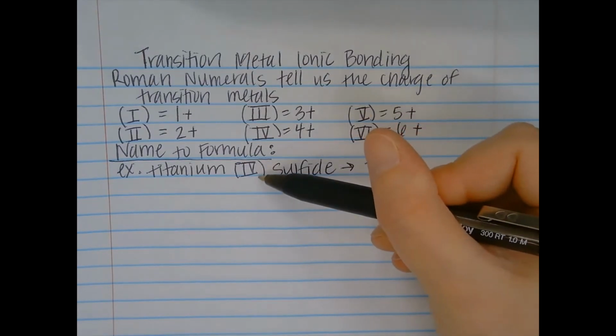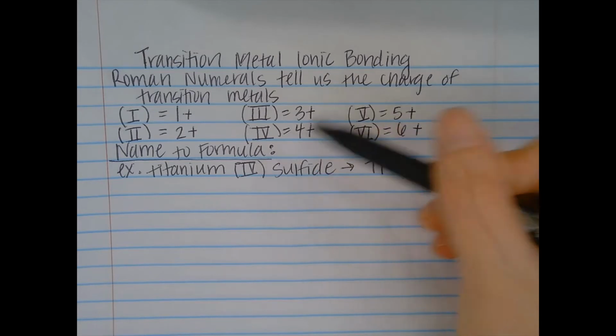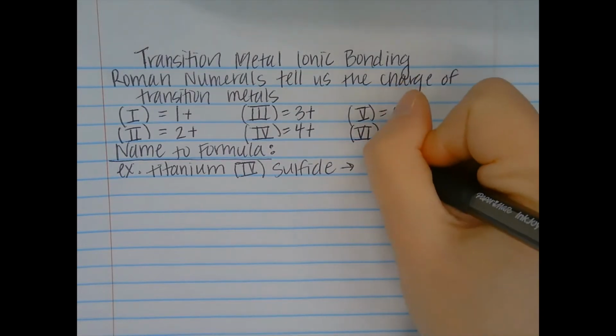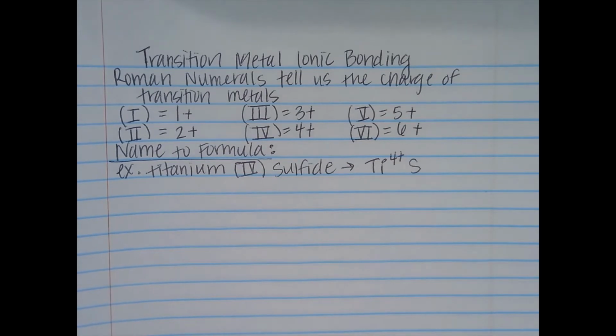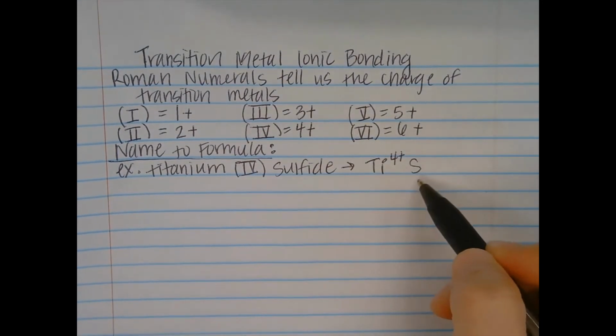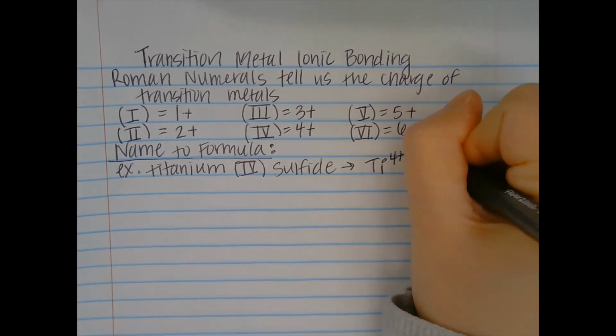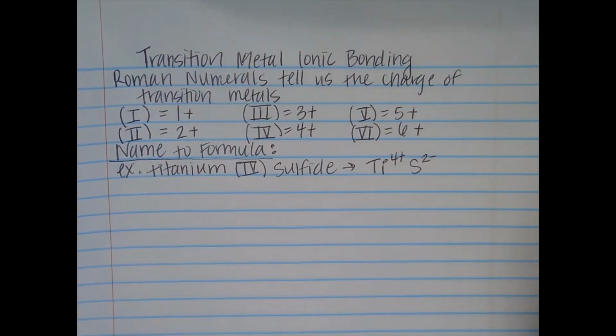This 4, titanium 4, tells us the charge of the cation is 4 plus. We don't have to do any guesswork. When a name gives us a Roman numeral, it tells you the charge of the cation. And sulfur, when it becomes an ion, has a 2 minus charge because it's in group 6A and will gain 2.